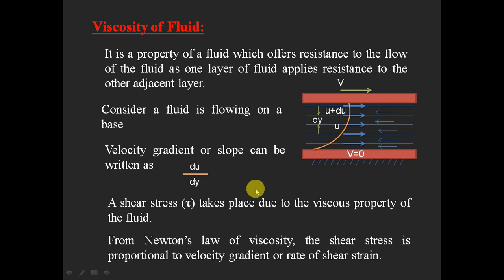So when you are coming downwards the velocity is decreasing. The rate of change of velocity is taking place due to the resistive force, that is, due to the viscosity only. That means there is a certain relation between the shear stress and the velocity variation with respect to the distance. Newton's law of viscosity states that the shear stress is proportional to the velocity gradient.